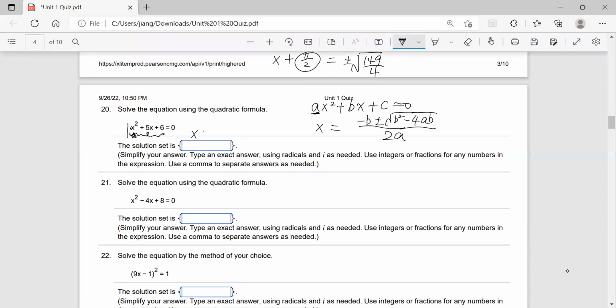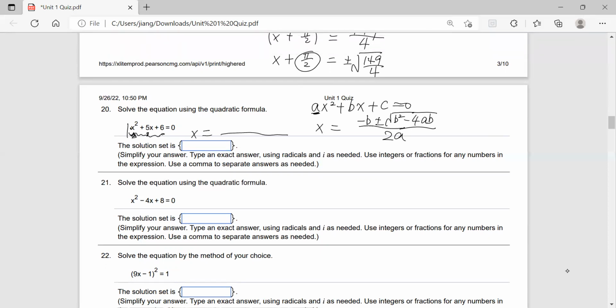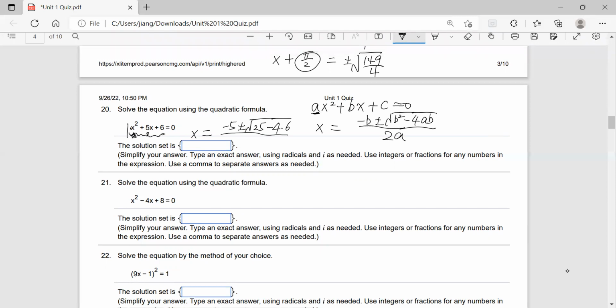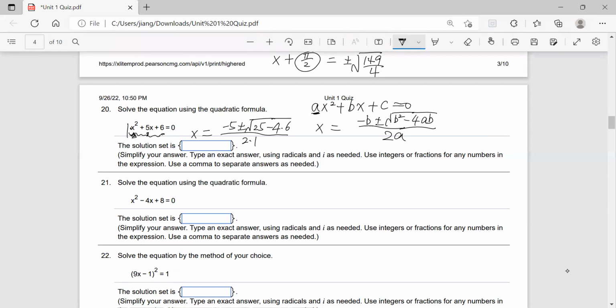So x equals negative b, so negative 5, plus or minus the square root of b squared, that's 25, and then minus 4ac, 4 times 6, because a is 1, and divided by 2a, 2 times 1. And then let's simplify this expression.